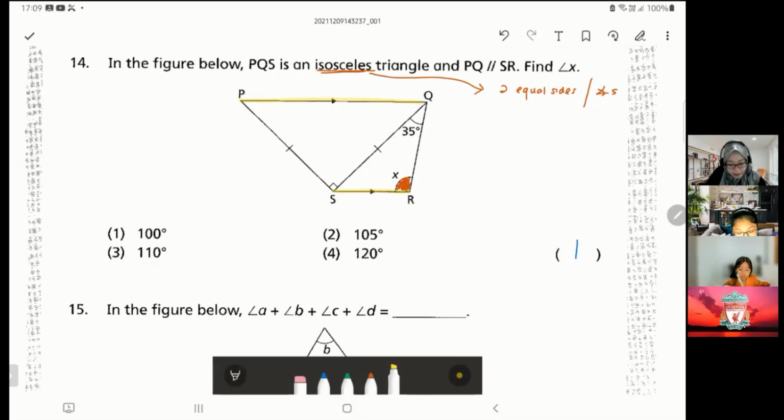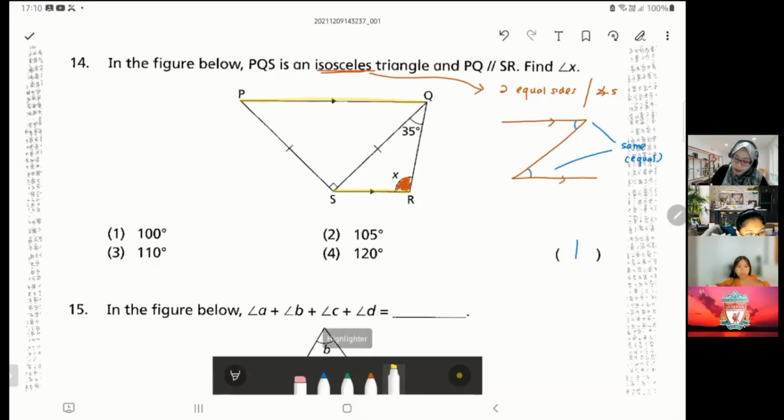Find angle X. If you have parallel lines like that, we can do the Z rule. This is parallel to this, which means this angle and this angle are the same. They are equal.